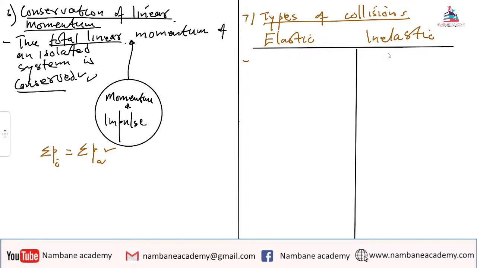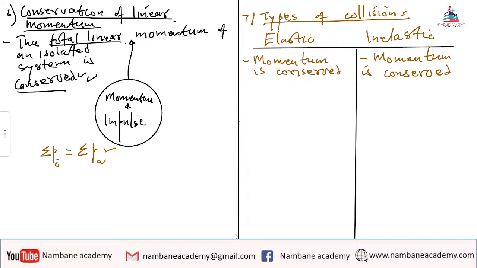But what is the difference between the two? Momentum is conserved in both. So now we cannot use momentum as a differentiating factor.